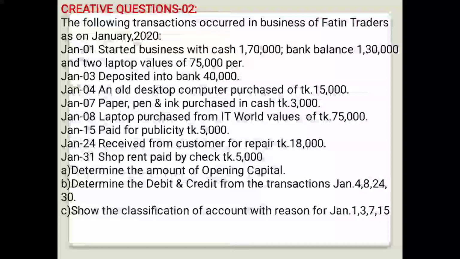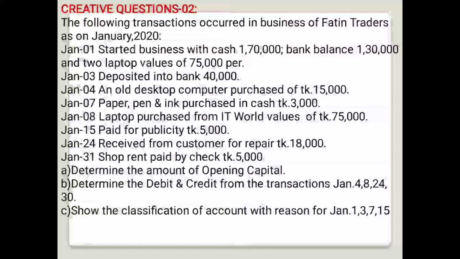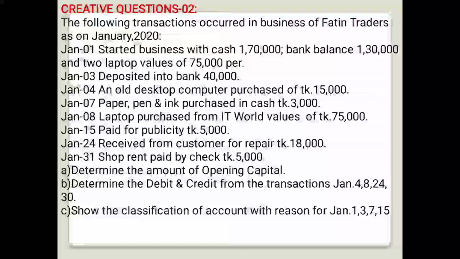Requirement B, determine the debit and credit. I've already discussed the rules for determining debit and credit. From the first one, January 1, started business with cash, bank balance and 2 laptop values. Three assets are related there, but when they started business, it is also related to another account, that is capital.